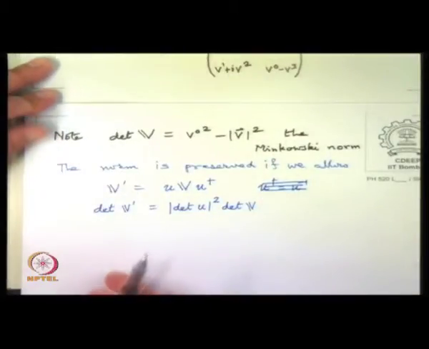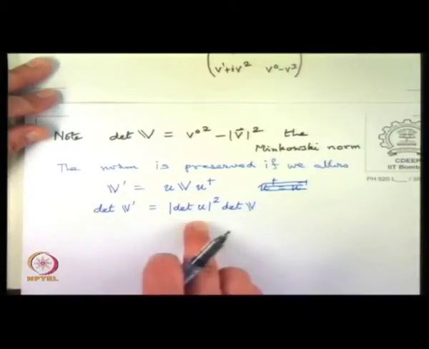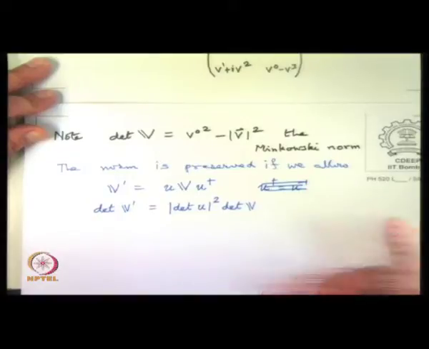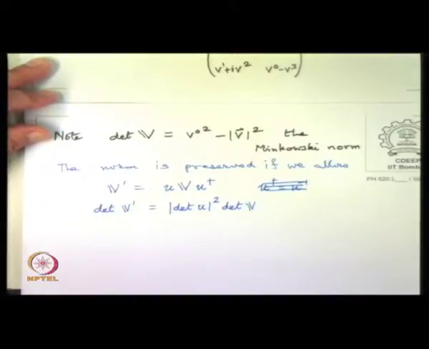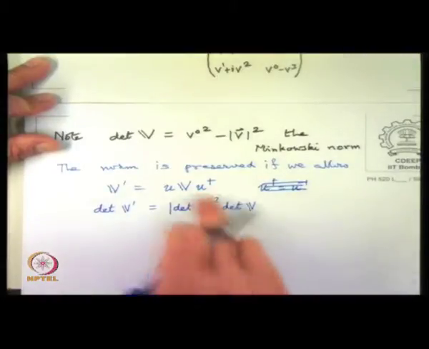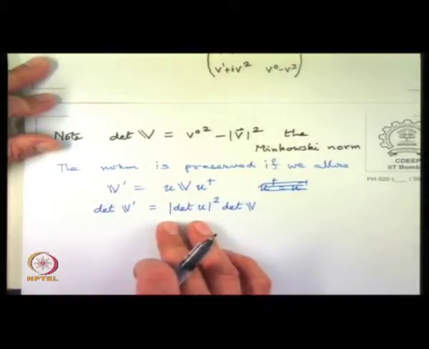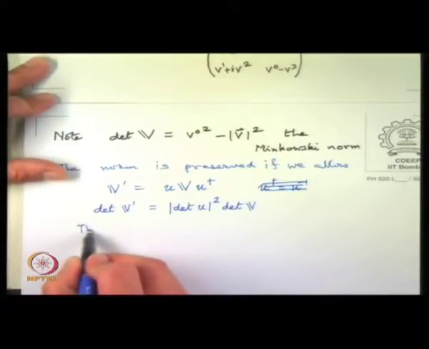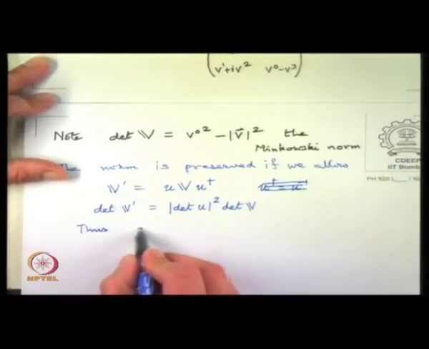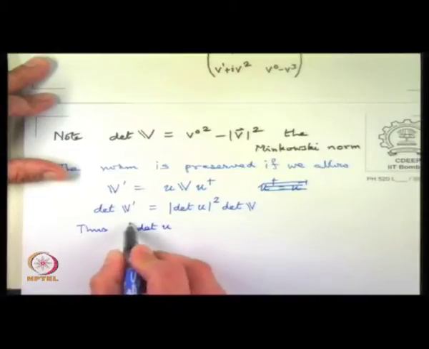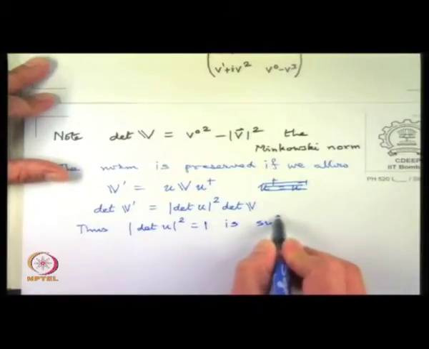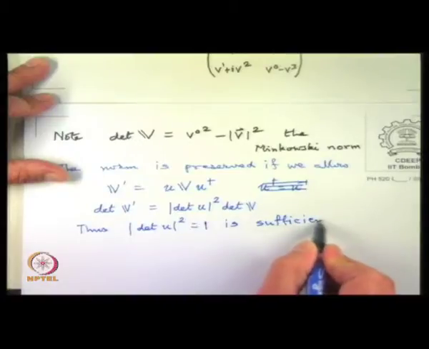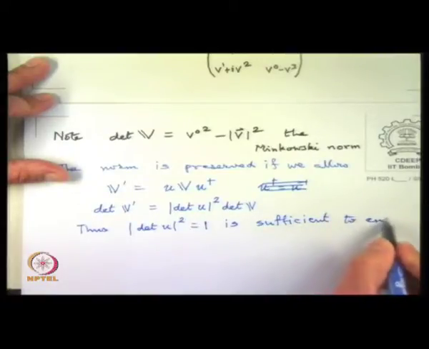So suppose you propose this, then you will find that determinant of V prime is the product of the determinants of the other side, which is determinant of u times determinant of u dagger, but determinant of u dagger is just going to be star of the determinant of u because it's just star transpose. So it is mod squared of determinant u. Thus det u squared equal to 1, this is sufficient to ensure preservation of the norm.